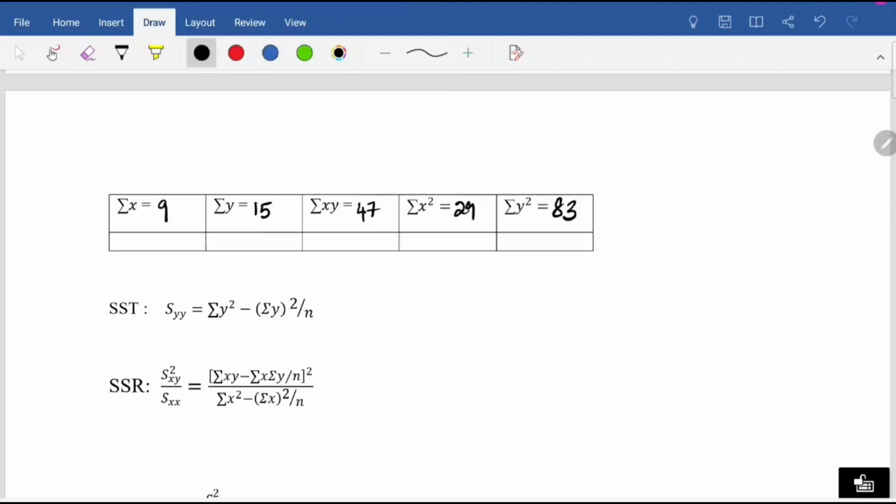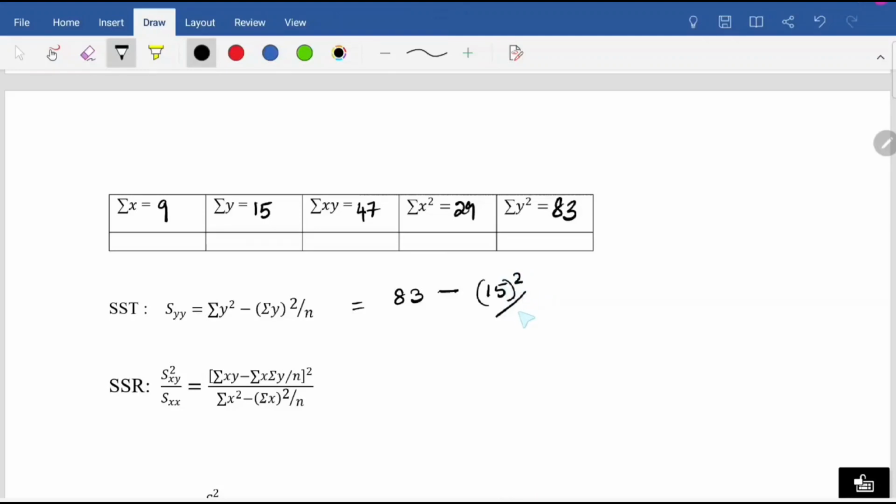All right, so the formula for SST using the computing formula is sigma y squared minus sigma y whole squared divided by n. Let's plug in the values. Sigma y squared is 83, so it's going to be 83 minus sigma y, which is 15, squared, divided by n, which is 3. We had 3 values of x and y.